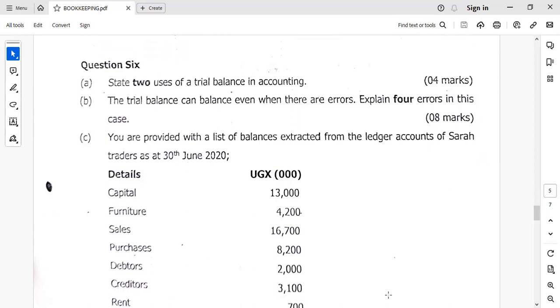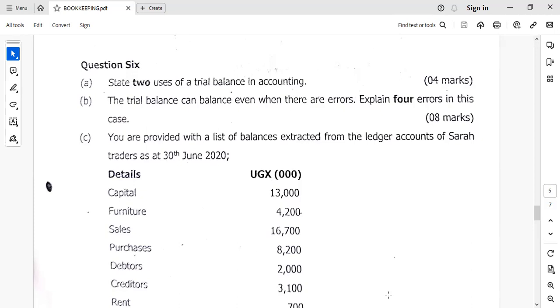Now, in accounting, transactions are recorded in the books of accounts following the double entry bookkeeping system. With the double entry bookkeeping system, each and every transaction should be entered in the books of accounts twice.